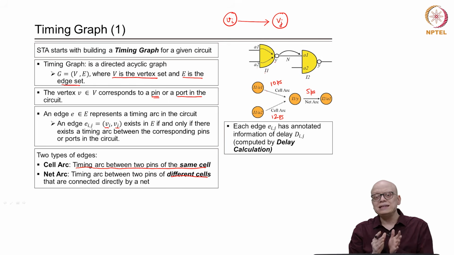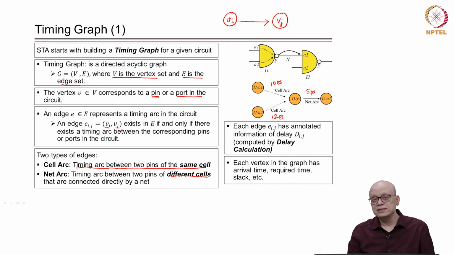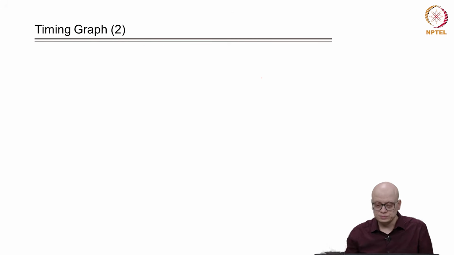At each edge in the timing graph, the tool will annotate its delay, and on the vertices the tool will annotate various other timing information such as arrival time, required time, slack and other information.